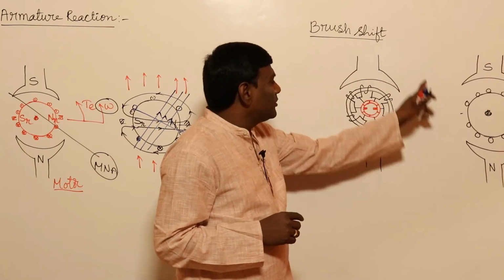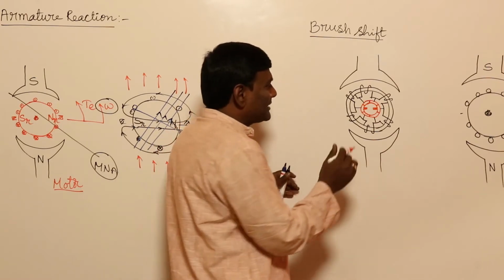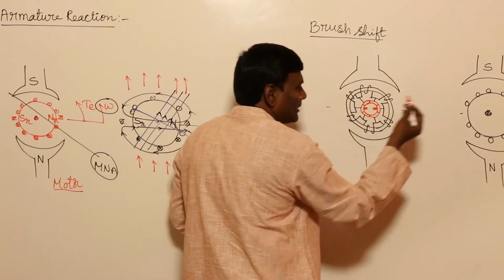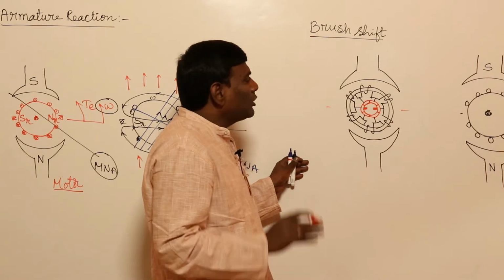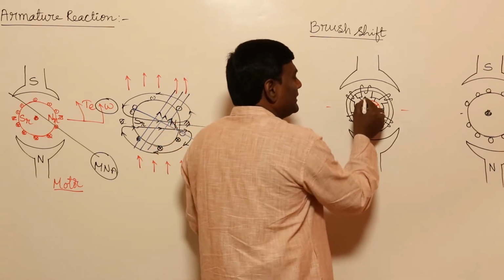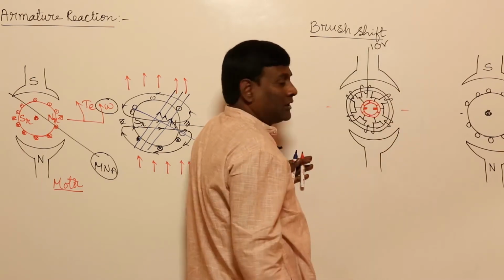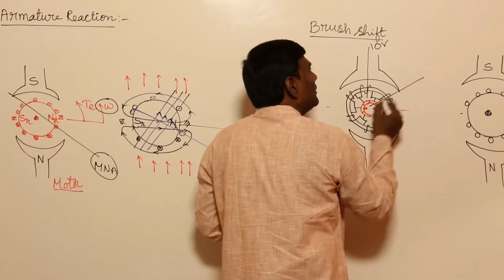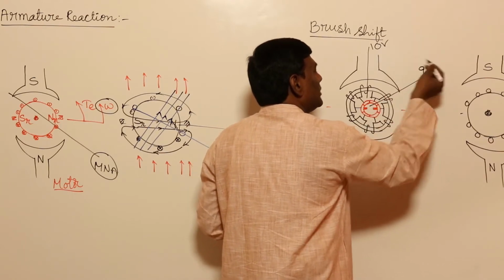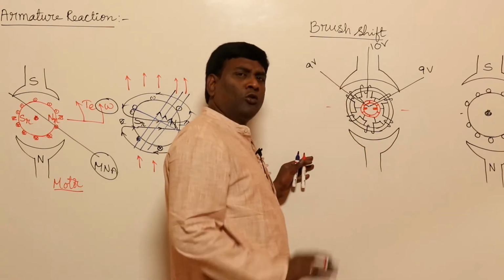Okay, let us think of this. Ring winding. In ring winding, for example, brushes are placed here, under no load condition. For example, in this particular conductor 10 volts is the induced voltage, and in this coil 9 volts is the induced voltage under no load condition.